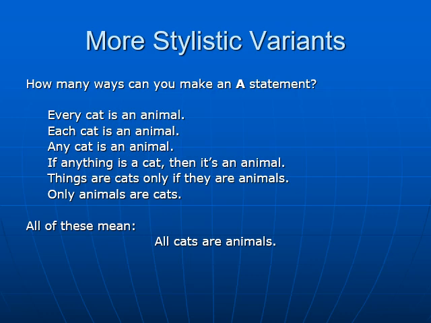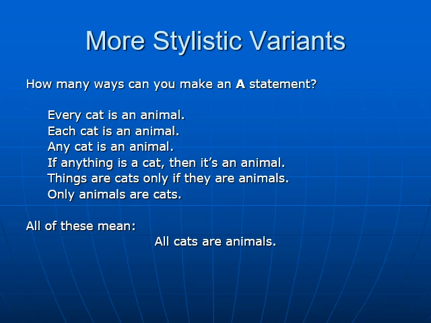Now you might detect some subtle differences in meaning, and you might wonder, why do I say they all mean the same thing? The basic answer to that is that they're all true or all false under exactly the same conditions.